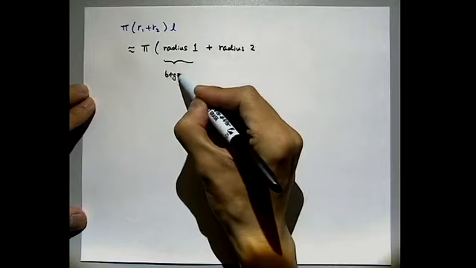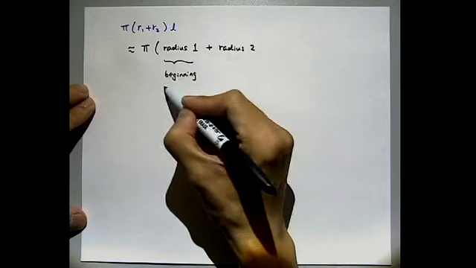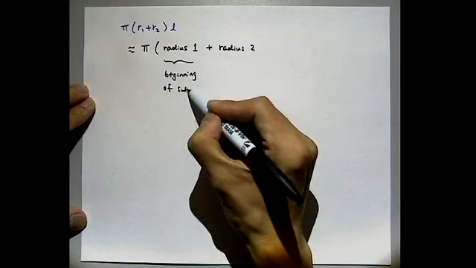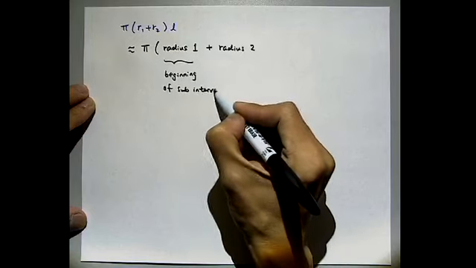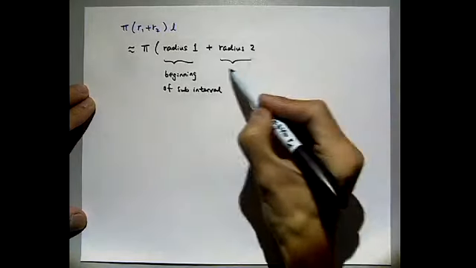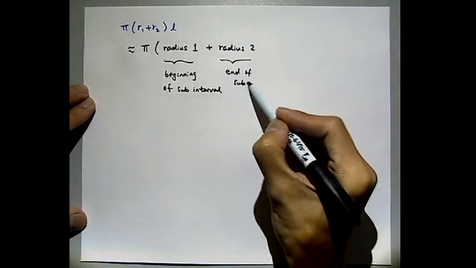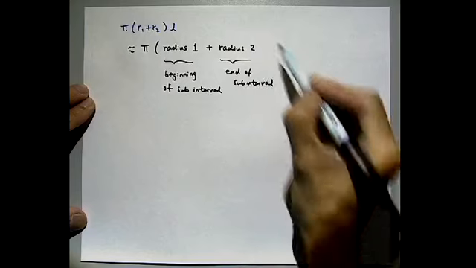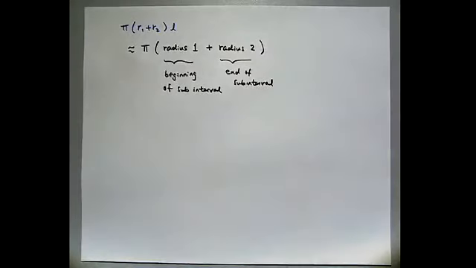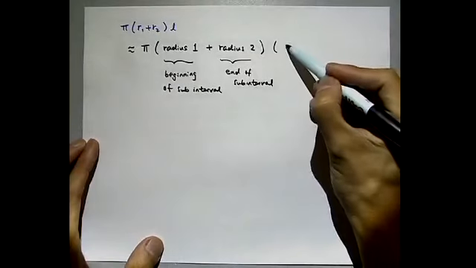So that's at the beginning of the subinterval, and that's the end of the subinterval. Right? Look at that picture there. And then L here is the arc length.